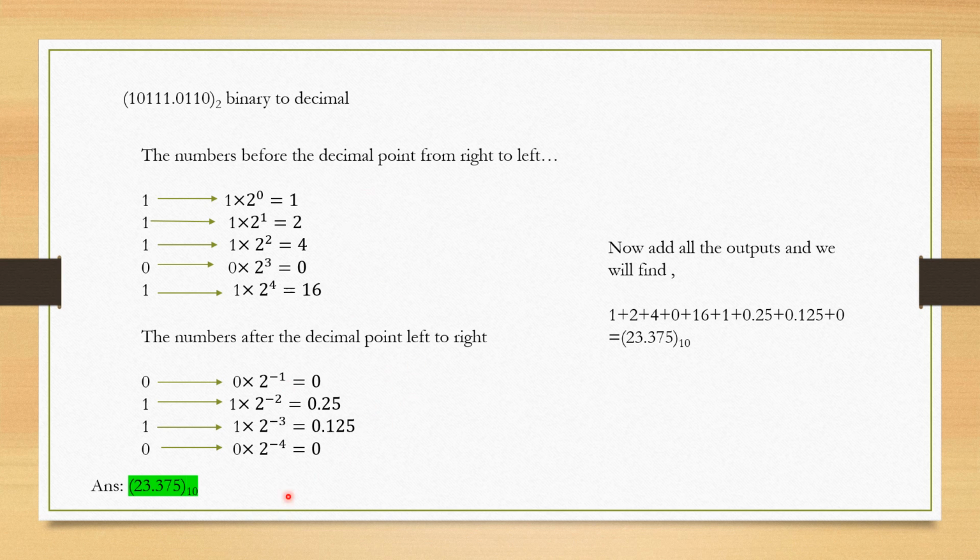After getting all these values, we add all the outputs and we find that the value will be 23.375. So the answer will be 23.375 in decimal number.